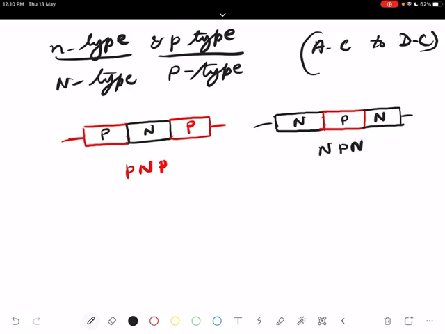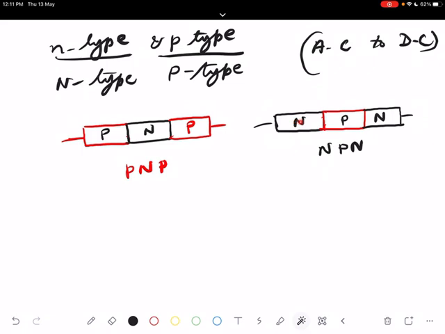So a combination of n-type and p-type semiconductors can be used as rectifiers, and can also be used as transistors. Transistors are made by sandwiching one type of semiconductor between two layers of the other type.